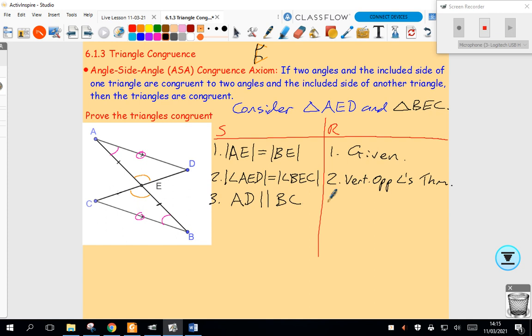Okay, and that is given. How is that given? That's given by the little arrows. Those arrows you see here and here are telling me that sides are parallel.